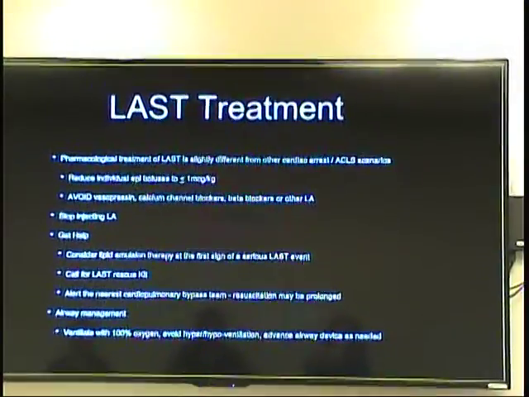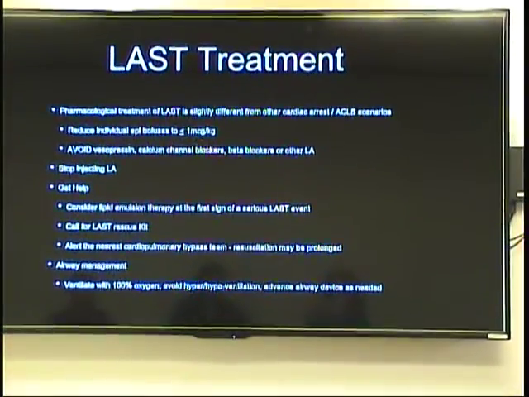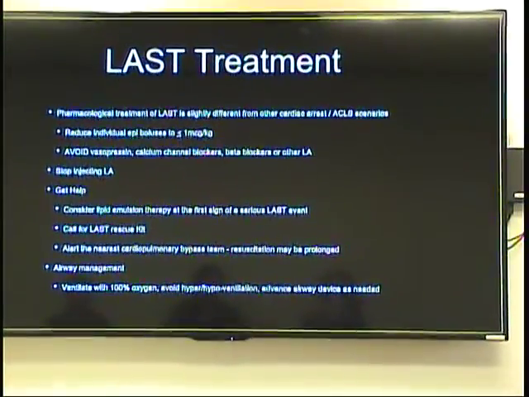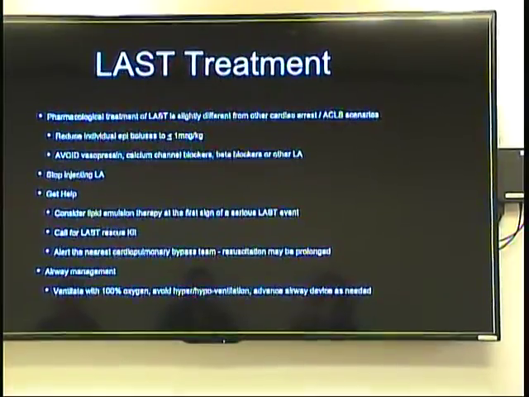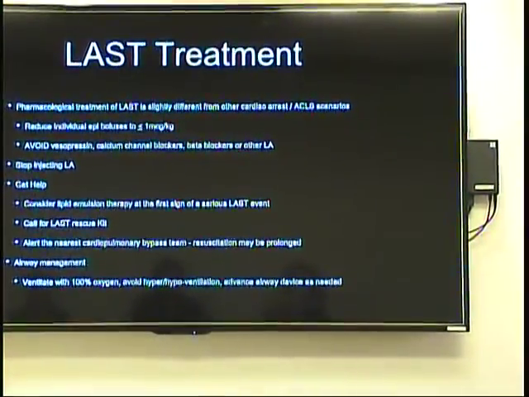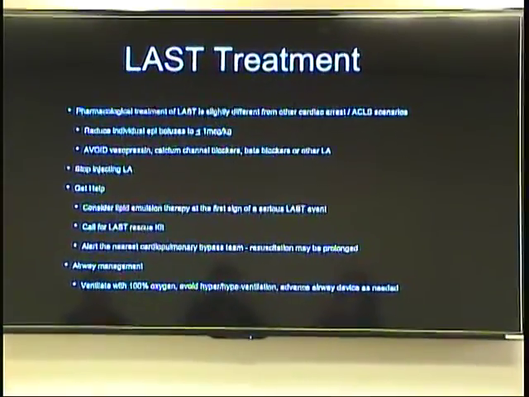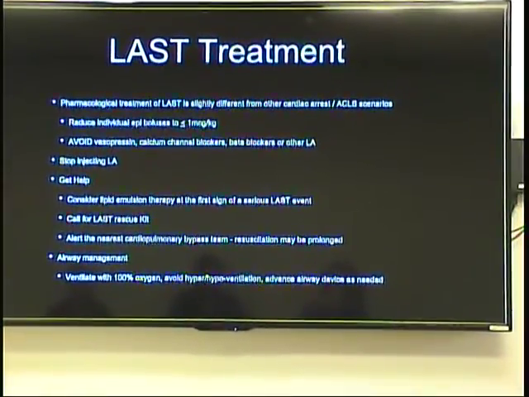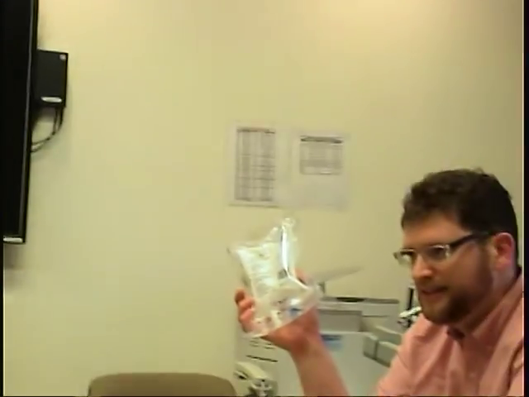Call for a LAST rescue kit. I don't necessarily think we have rescue kits here with rescue check sheets, which is okay. But the ultrasounds that we do our blocks with have this on them, or in the block area, and I think you can get these out of the pictures pretty easily as well. Intralipid is 20%. They're only stocked on the regional carts.